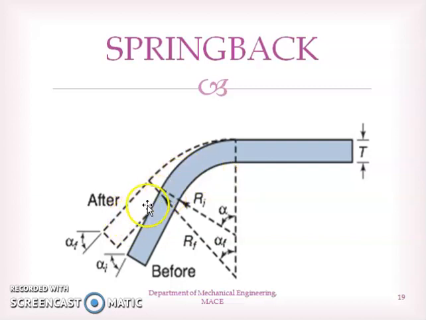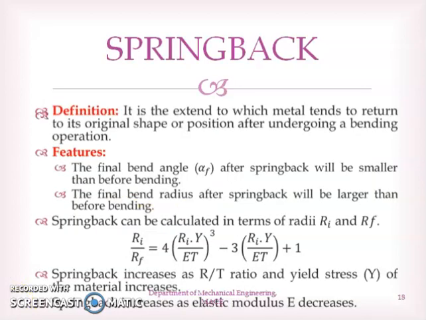That effect is known as spring back effect. We must be very careful about this while calculating the spring angle of the die. The spring back can be calculated by this equation, and you can see that the spring back will increase as the R/T ratio and yield stress of the material increase.